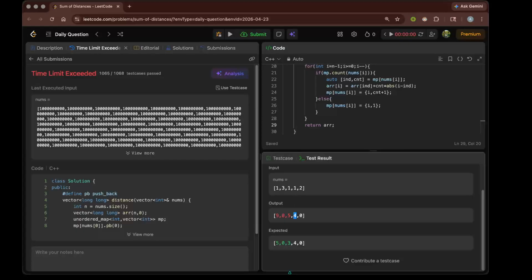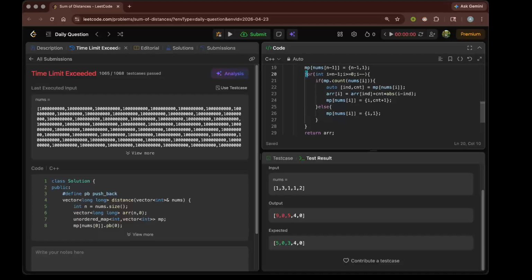What will be the for backward? For forward, we got like 0, 0, 0, 0. What did we get?